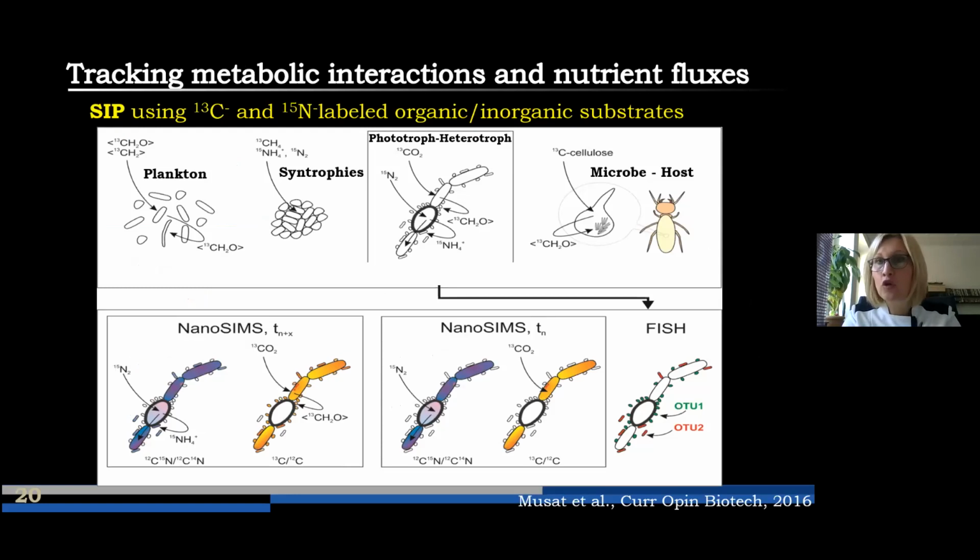You can look at phototroph-heterotroph interactions or microbe-host interaction. And as I mentioned, you can apply FISH whenever you want to have the phylogenetic identity of the partners prior to measuring isotopic and elemental composition by nanoSIMS.